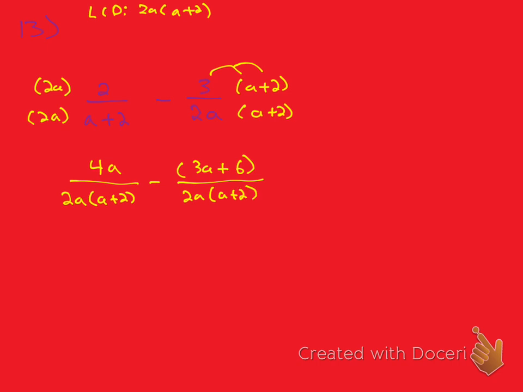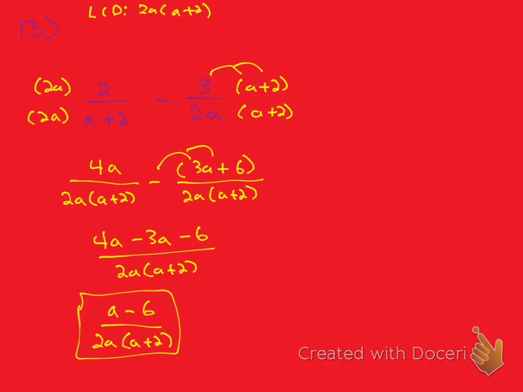So again, remember when we're subtracting, to help prevent mistakes, we want to distribute that negative. So this will be 4a minus 3a minus 6 over 2a, a plus 2, which I would simplify to a minus 6 over 2a, a plus 2.